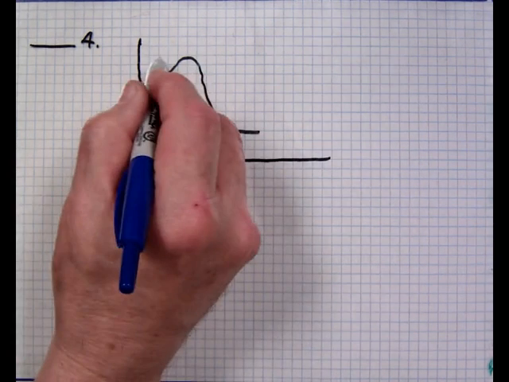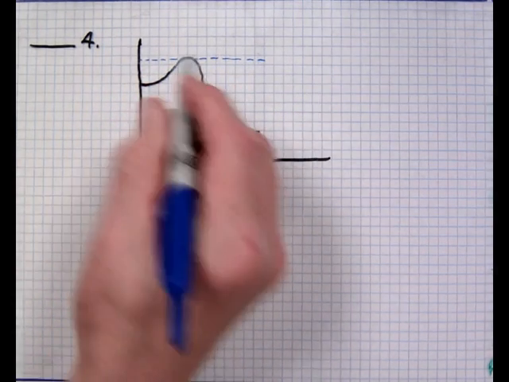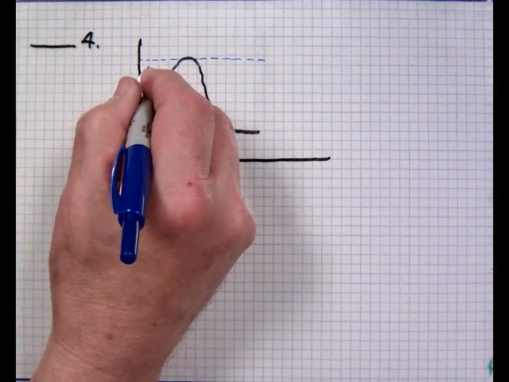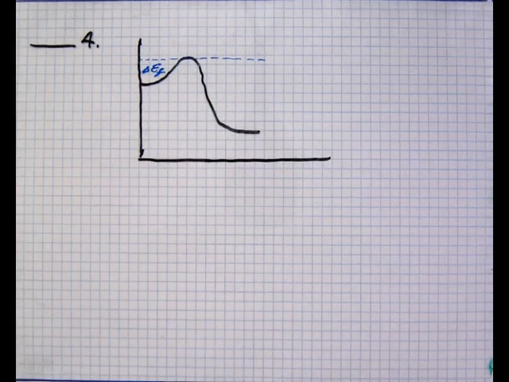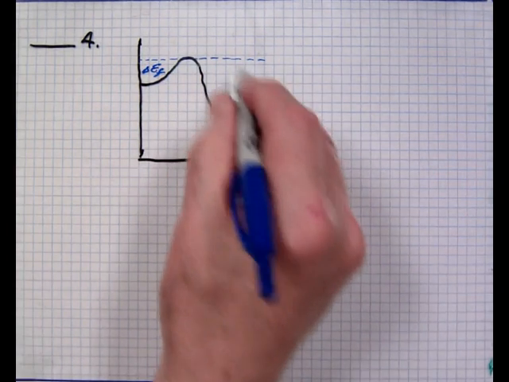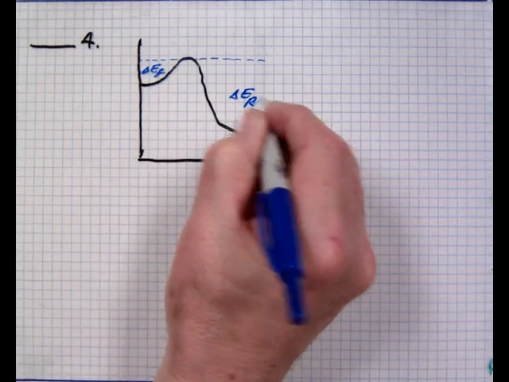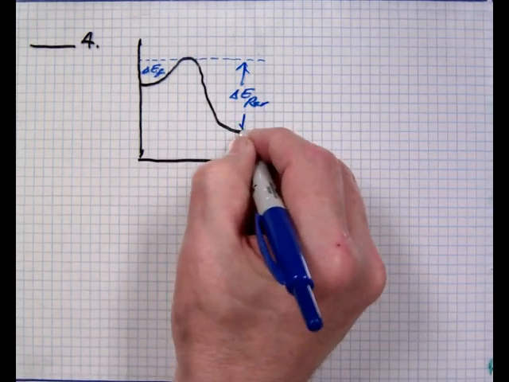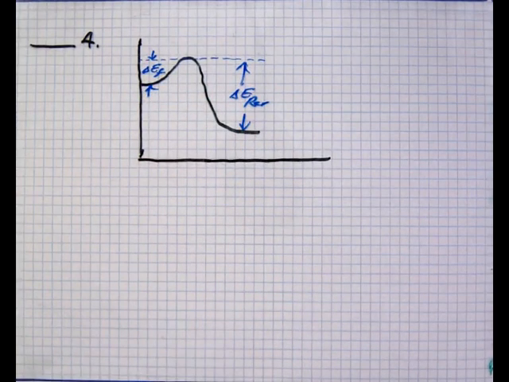The activation energy for the forward reaction is right here. I'll put an F for forward. The activation energy for the reverse is delta E reverse. In both cases, the energy they're talking about requires to be put in.